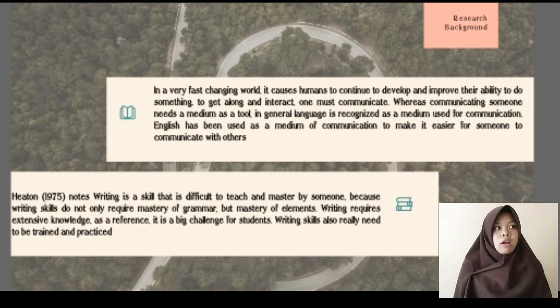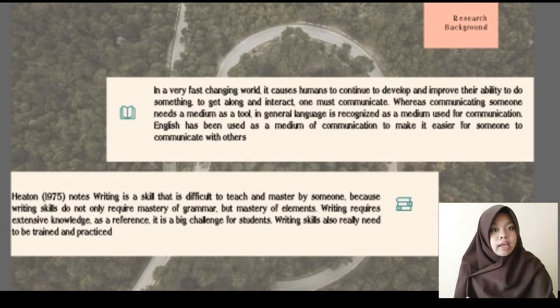Talking about writing, writing is one of the basic active skills that affect a person's level of English proficiency. Writing is a skill that is difficult to teach and master, because writing skill doesn't only require mastery of grammar, but mastery of elements.